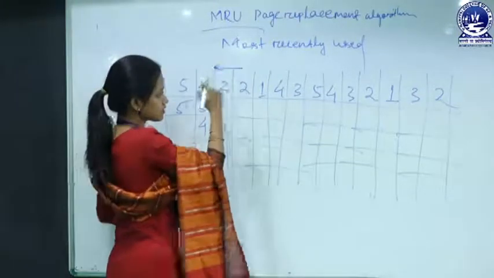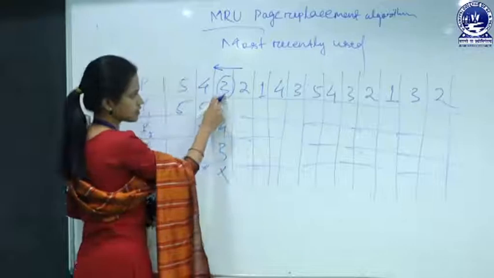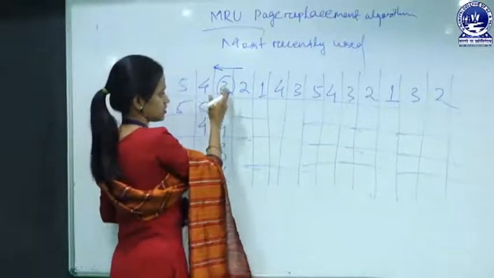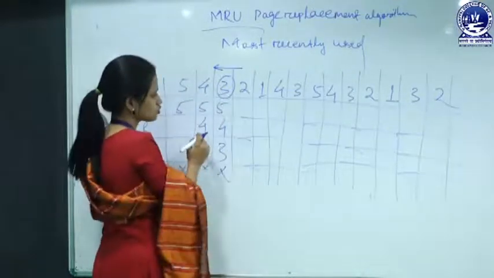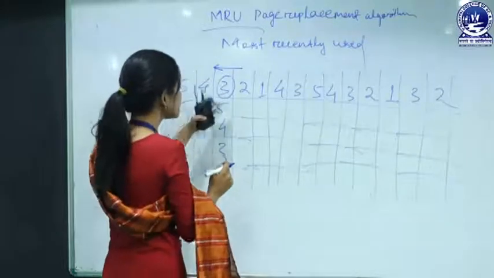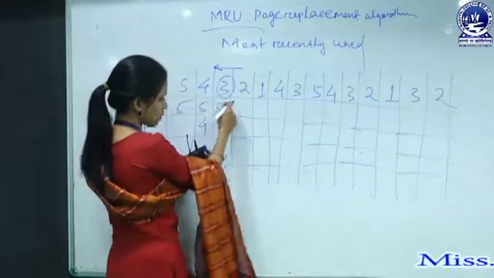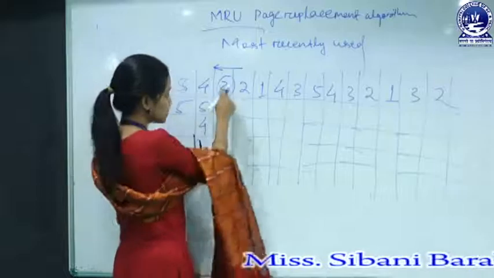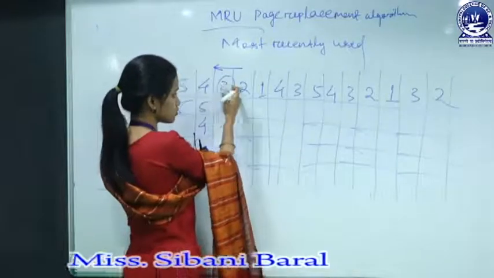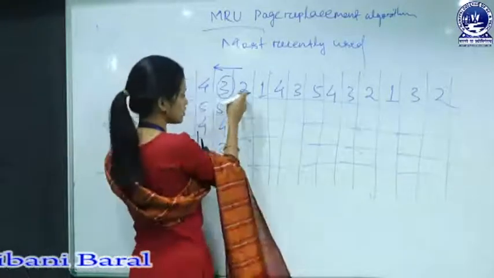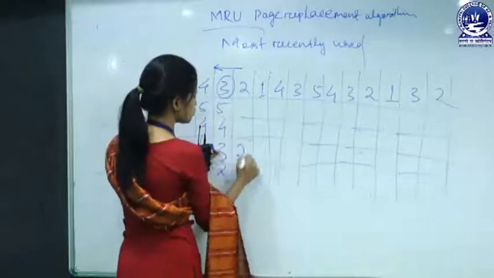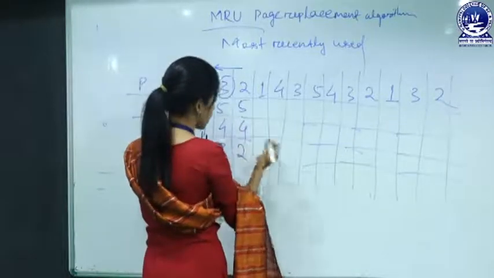Which number is the recently used? This 3 is recently used, the 3 is just beside the 2. So among 5 4 3, the recently used is just beside the 2, so we replace 3 with 2, giving 5 4 2.